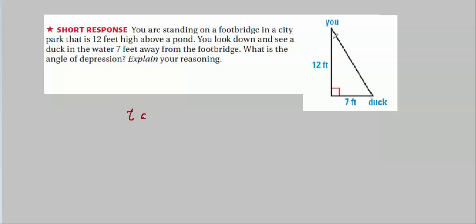So, yeah, let's call it alpha again, what the heck. The tangent of alpha is opposite over adjacent, or 7 over 12. Okay? That means that the arc tangent, the inverse tangent of 7 over 12 will give us alpha.